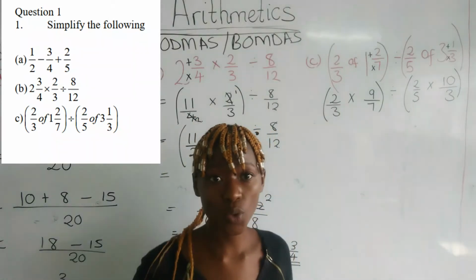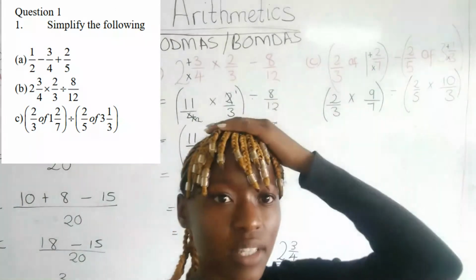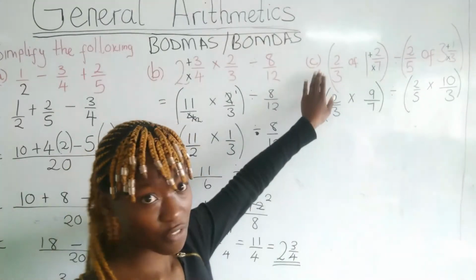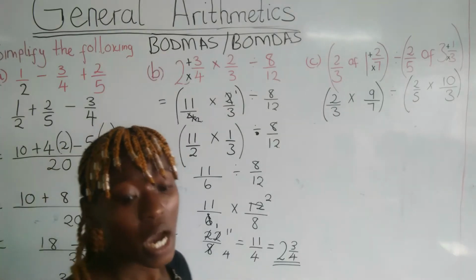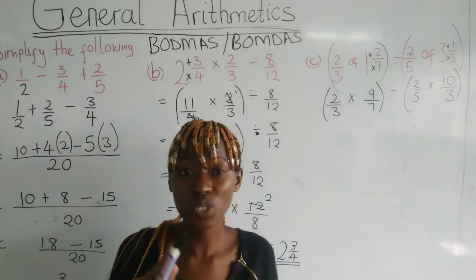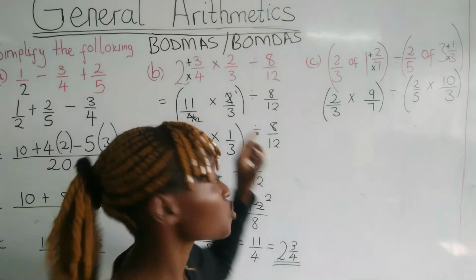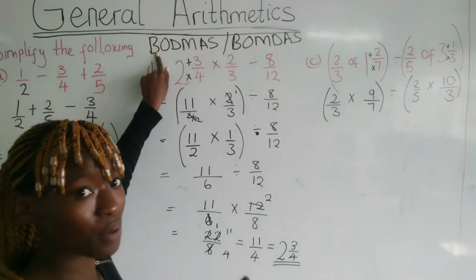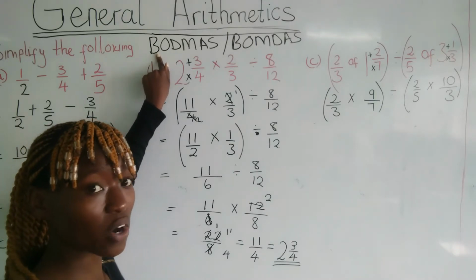Following the rule of BOMDAS, we can either divide or multiply. But for this part, we are already given brackets. When your question gives you brackets, according to our rule BOMDAS, everything in the brackets is what you start with, before you simplify anything else.